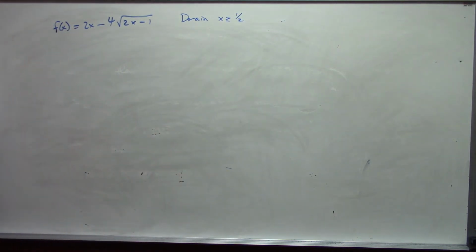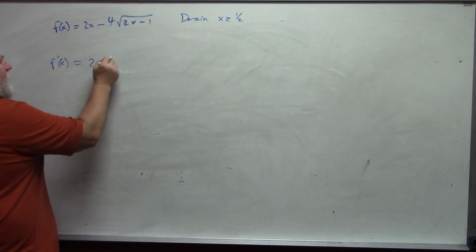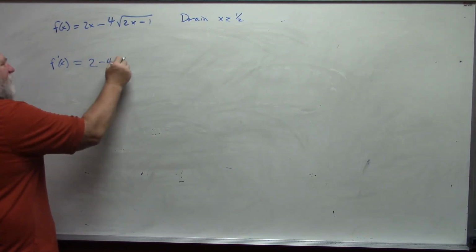Remember, you can't have a relative max or relative min at the endpoint of the domain, so we don't have to worry about x equal 1/2, but let's see what happens. f prime of x is 2 minus 4 times 1/2.